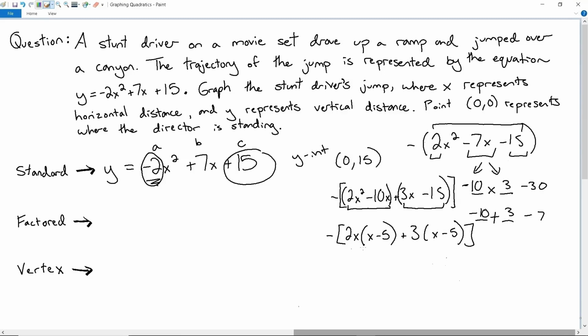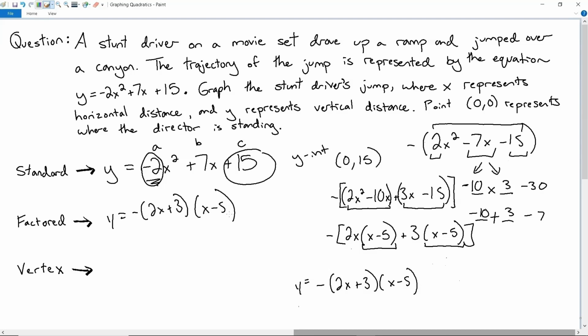And you'll notice that we have two of the same brackets here, the x - 5. And we're left with (2x + 3)(x - 5). So that's our factored form. A little bit more complicated than a simple trinomial, but still doable.